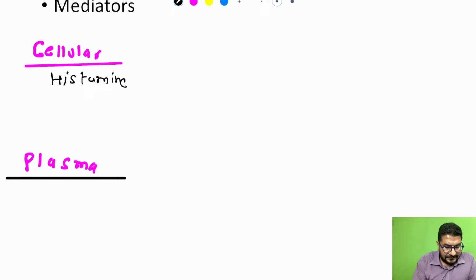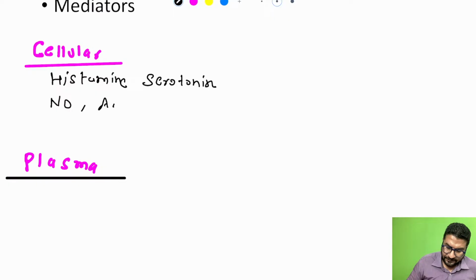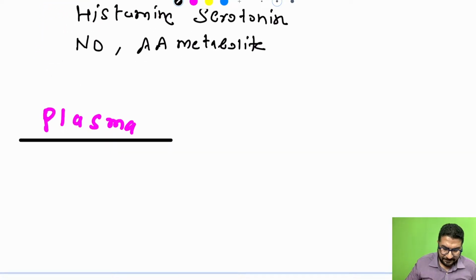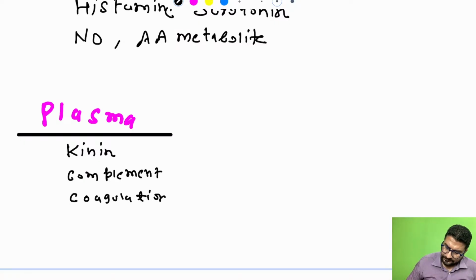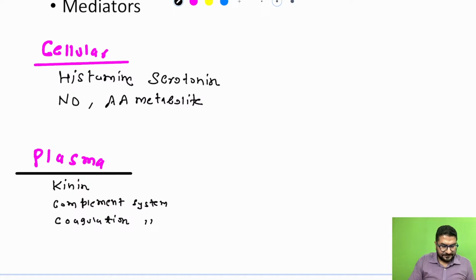Anyone? Anyone else you know? It is very easy. Histamine, serotonin, right. Then we have nitric oxide. Yes, nitric oxide. What else? Arachidonic acid metabolites. In the plasma what do we have? In the plasma we have some systems. So basically we have three systems. We have the kinin system, then the complement system, and the coagulation system. So these are in the plasma. So we have mediators in the cells and in the plasma. Done?